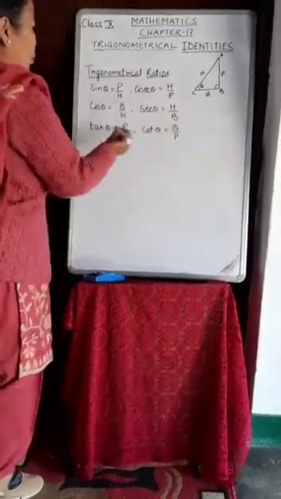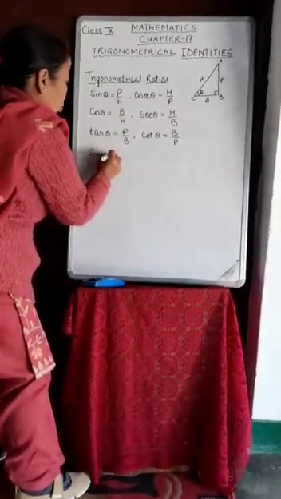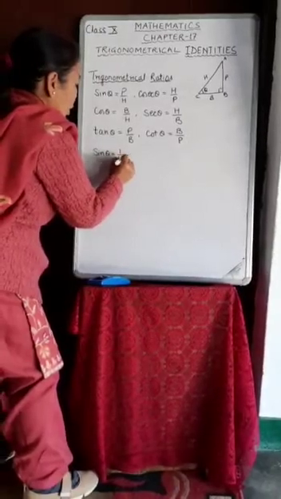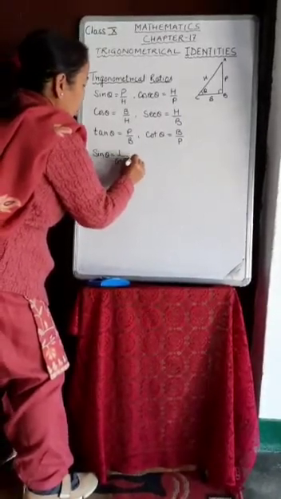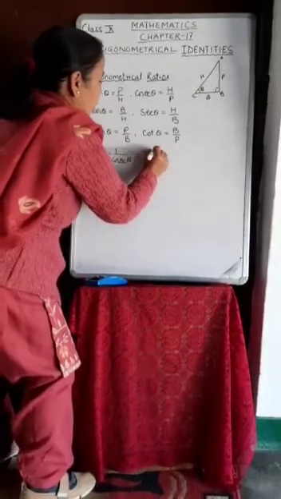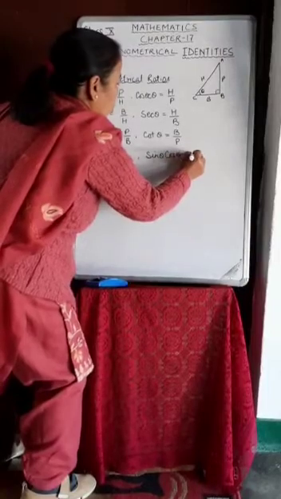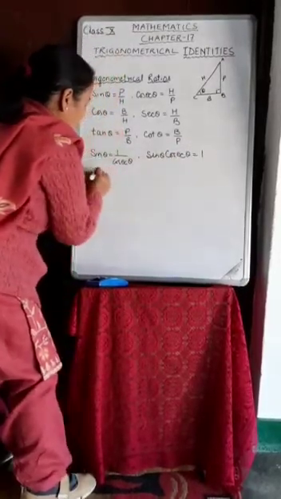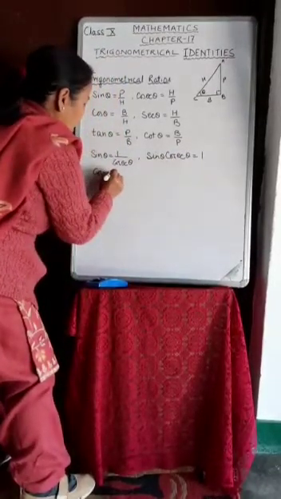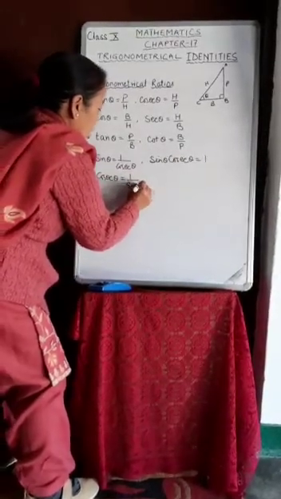So from here we can get some relations like sine theta equals 1 upon cosec theta, and from here we can write sine theta into cosec theta equals 1. We can also write cosec theta equals 1 upon sine theta.